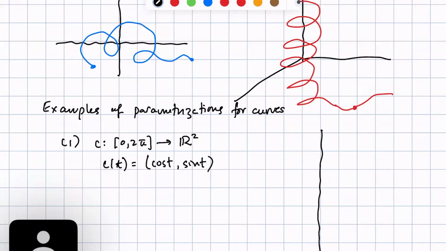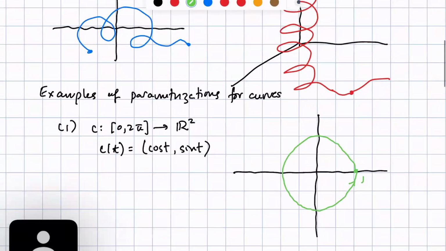So basically what this traces out is the curve given by a circle of radius 1. So here's a circle of radius 1. And each point of the domain, here's my domain, gives a point on here.